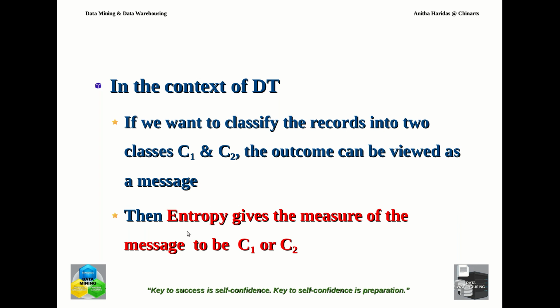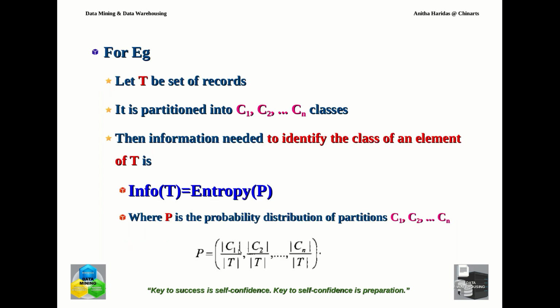In this case, the entropy value gives the measure of whether the particular message is coming under class 1 or class 2. So the entropy will give you the probability of the message being class 1 or class 2.